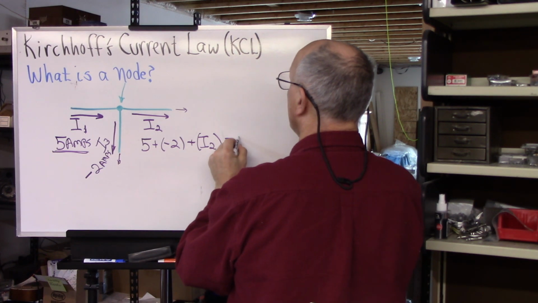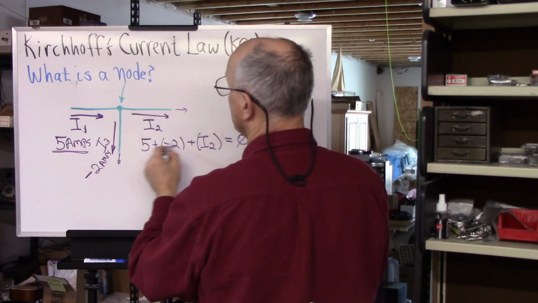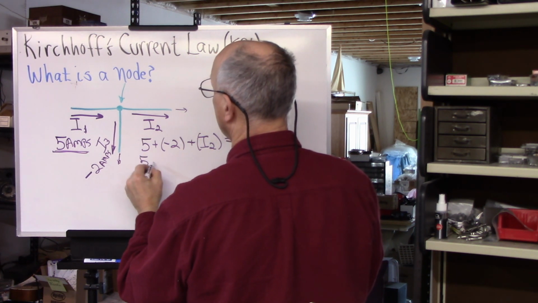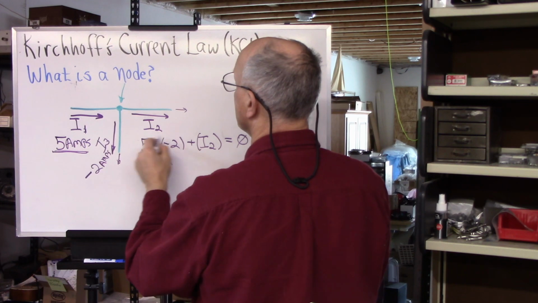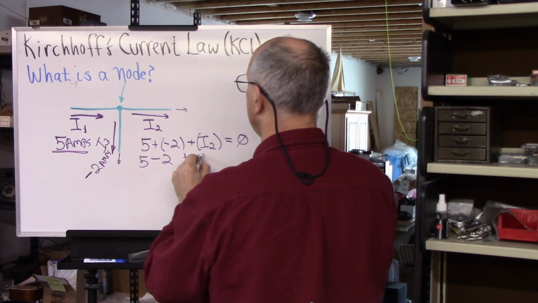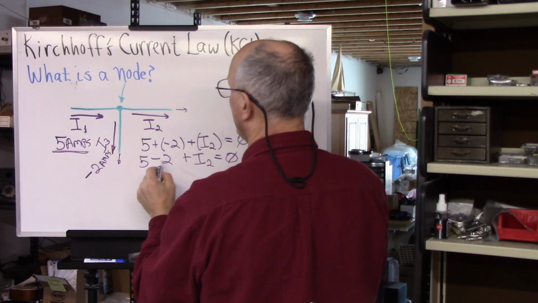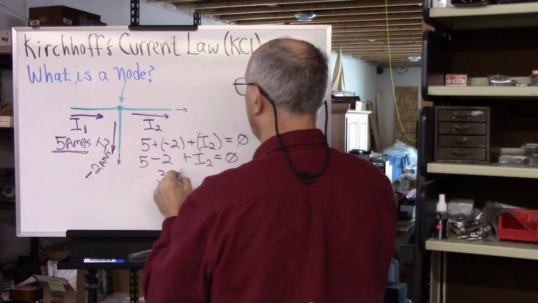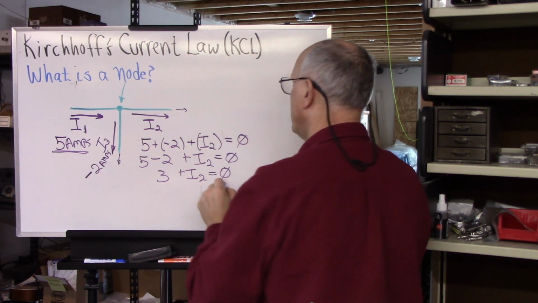must equal 0. So here we say 5 minus 2, because this becomes a negative, plus I2 is equal to 0. 5 minus 2 is 3. 3 plus I2 is equal to 0.